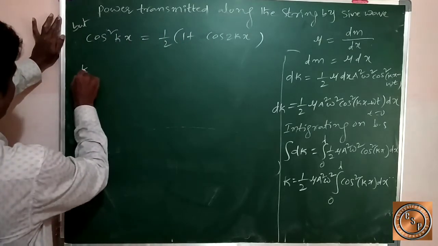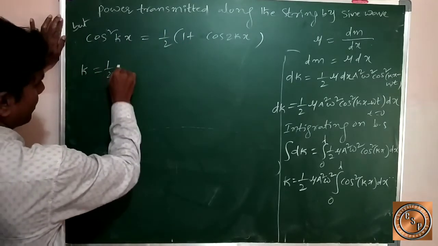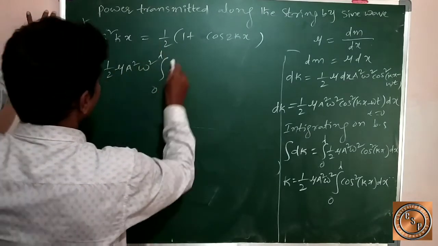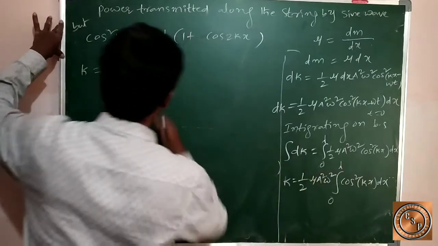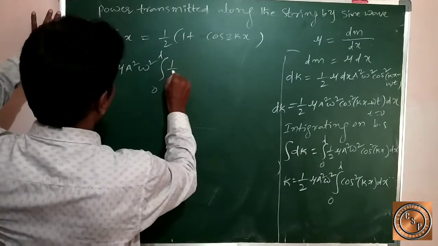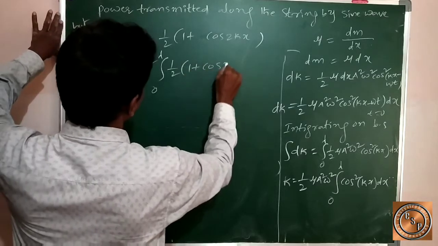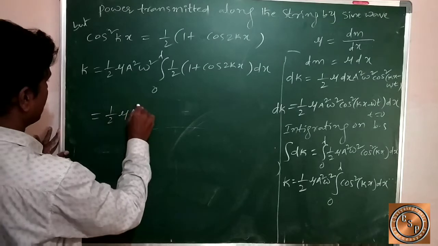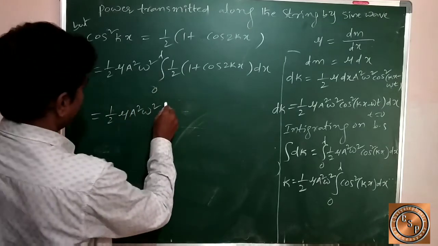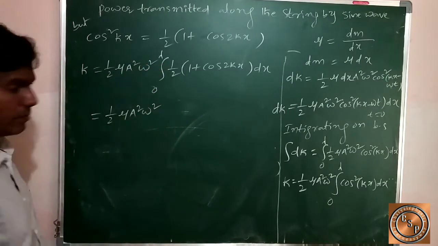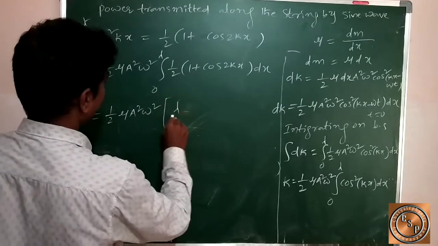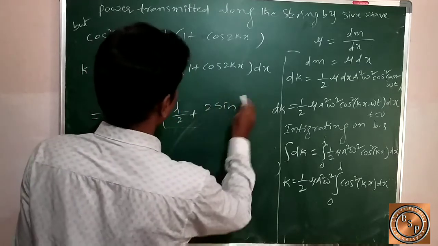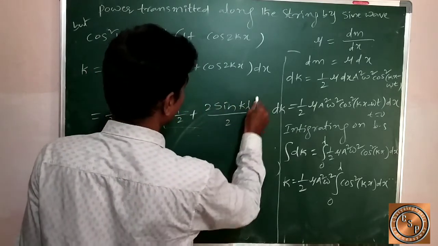Now substituting the kinetic energy K equal to half mu a square omega square integration 0 to lambda, cos square kx is this, 1 by 2 of (1 plus cos 2kx) dx, equal to mu a square omega square. After integration with the limits, I am writing here lambda by 2 plus sine 2k lambda by 2.